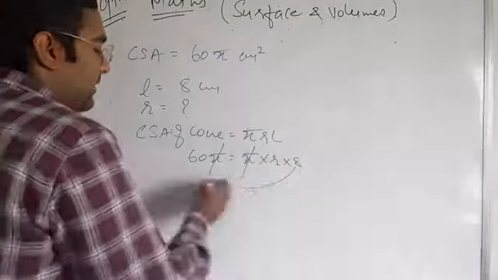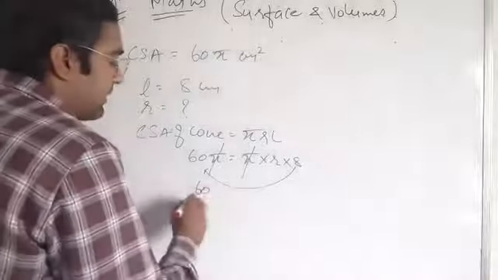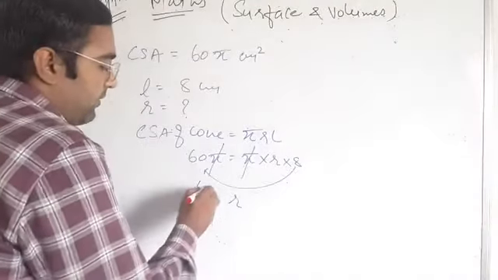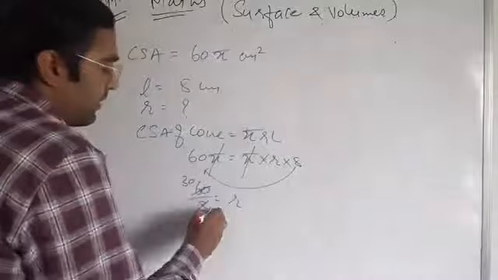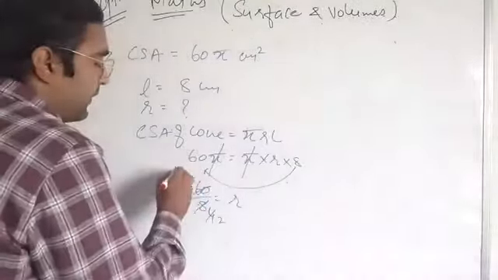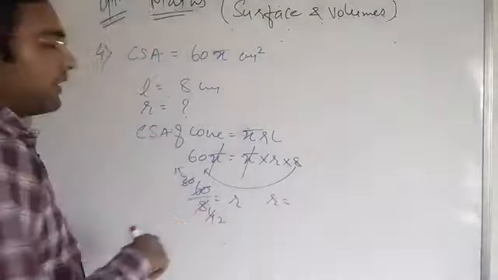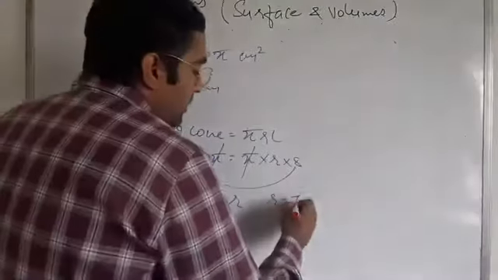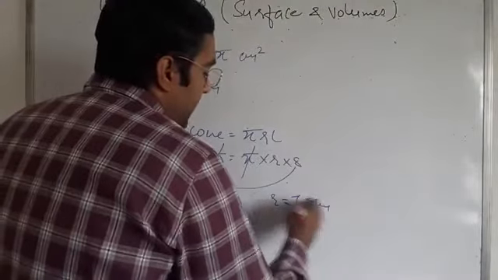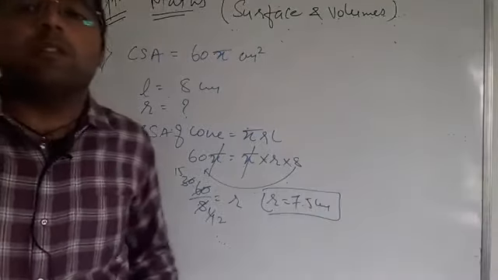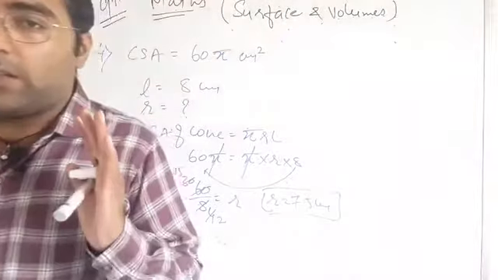Shifting to the other side, my radius is 60 by 8. 2 fours are 8, 2 thirties are 60, so 2 fifteens are 30. Therefore my radius is 15 by 2, that is 7.5 cm.